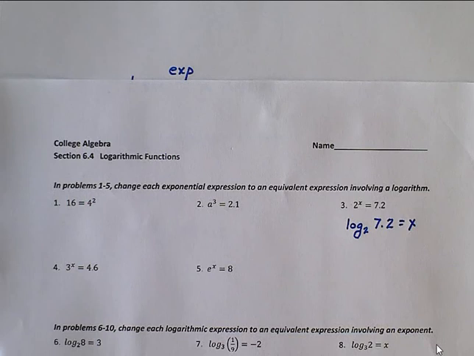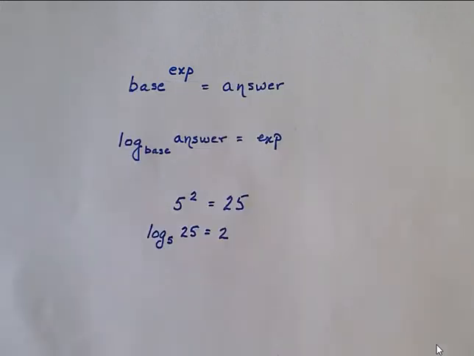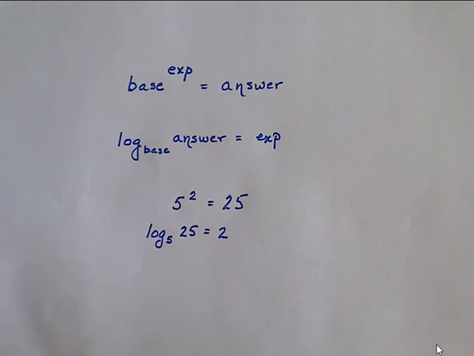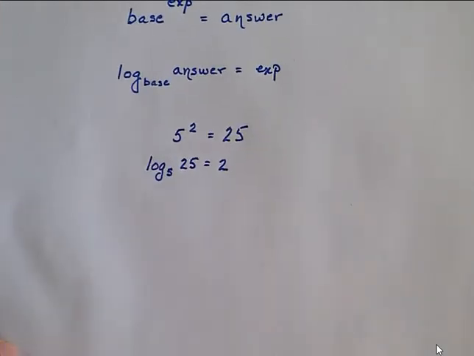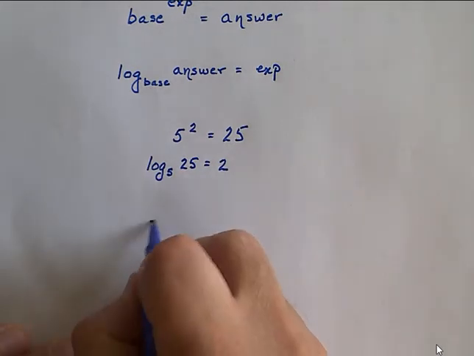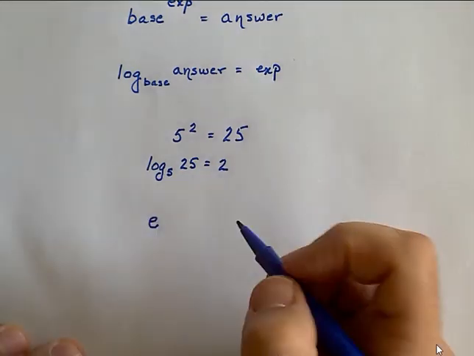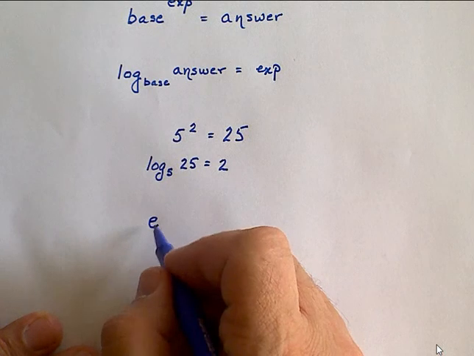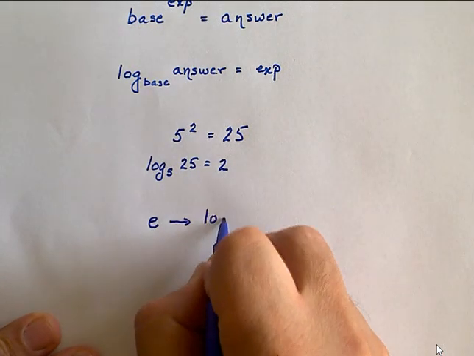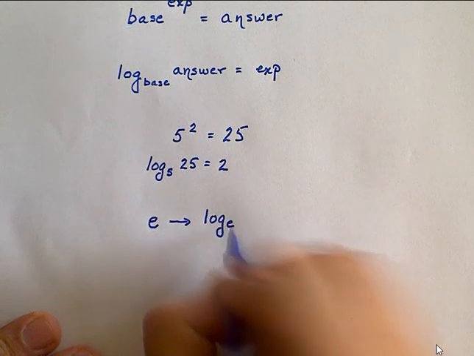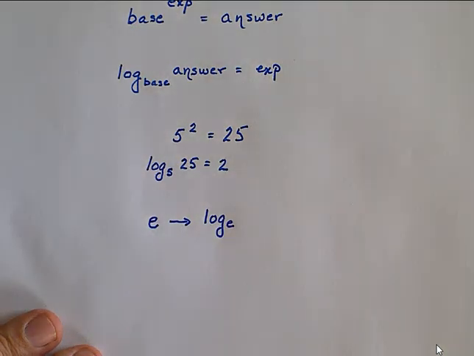Now, there are a couple special forms that will also play a role, and I'll talk about them in general first and then show you an exercise or two. We talked about the natural base. E is the natural base. Now, when you take that base and take its log, that would be log base e, but that also has a special term.